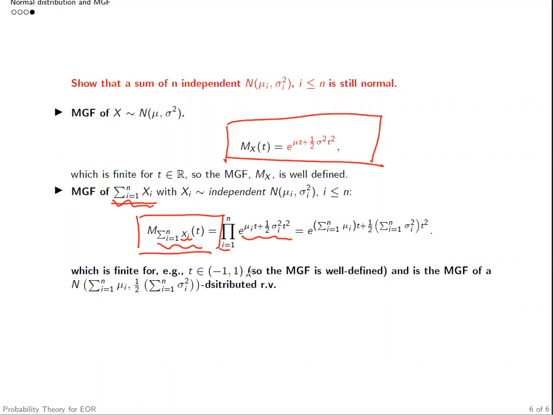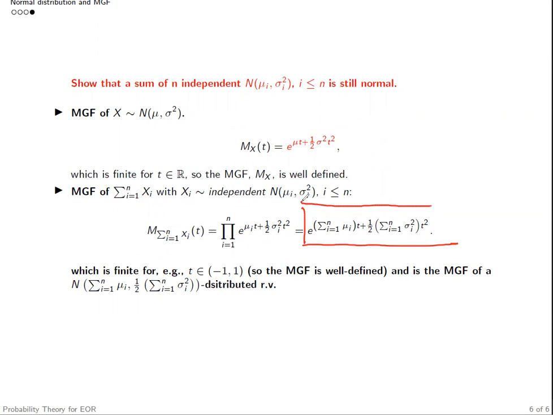Right? Independence means products. And here we only need to plug in the mu i and the sigma i for each term. So this is the product of the exponential function with argument mu i t plus sigma i squared t squared over 2. And after simple algebra, it can be rewritten in this format.